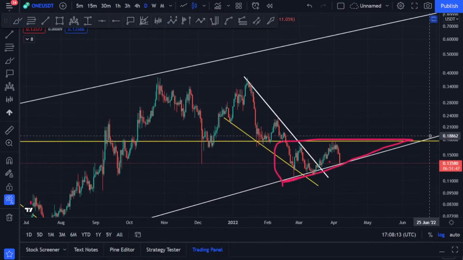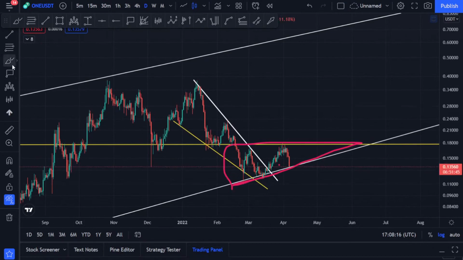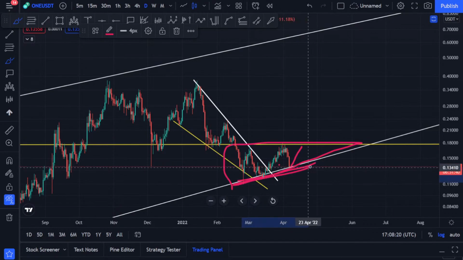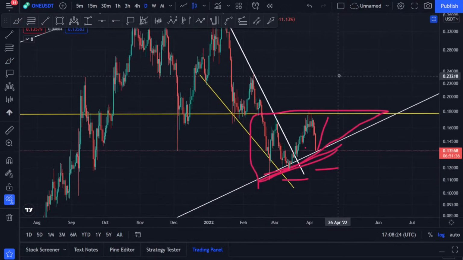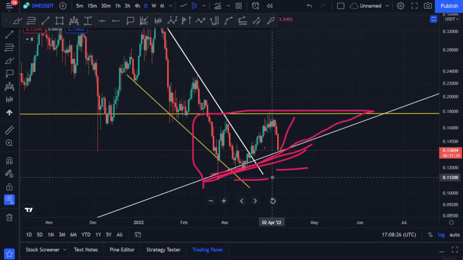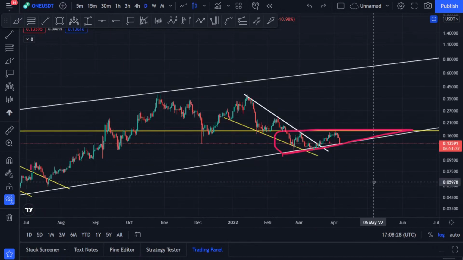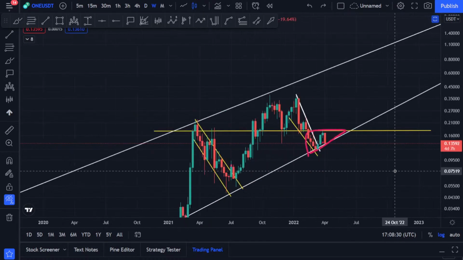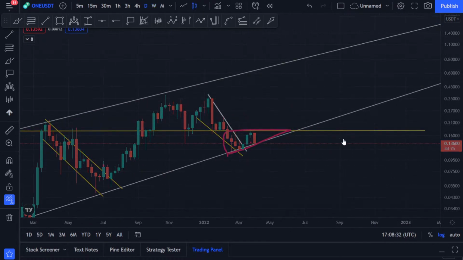Yeah, even in the daily time frame, you have another run towards the upside. And if it holds this level, then you'll be making a higher low formation. Clearly, you can see the higher low formation is being made at the moment.